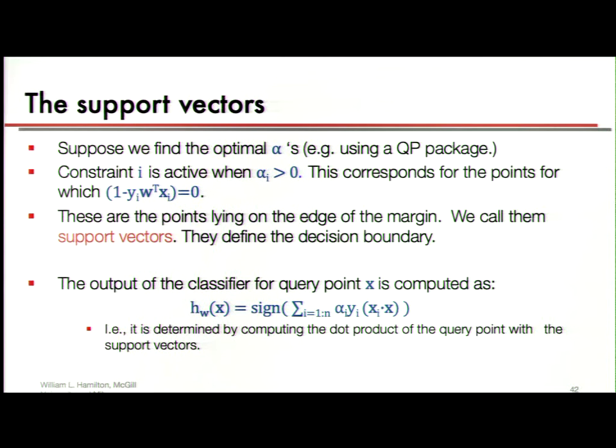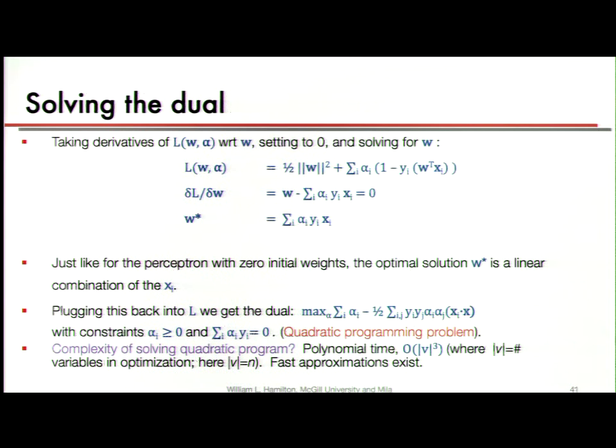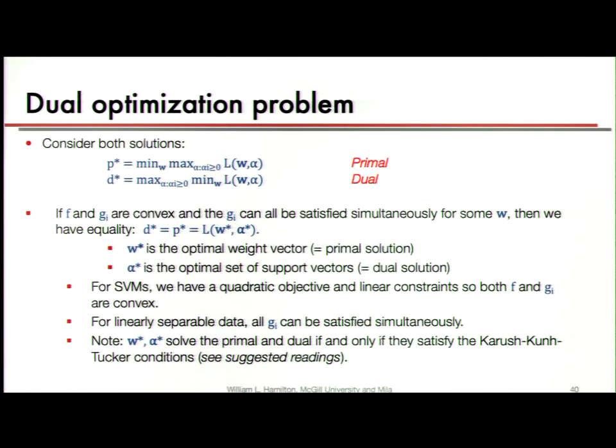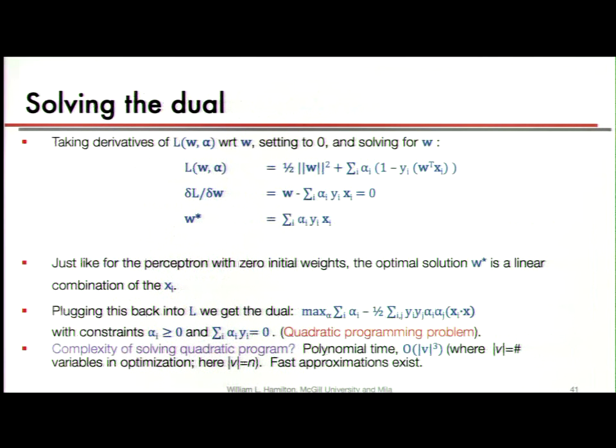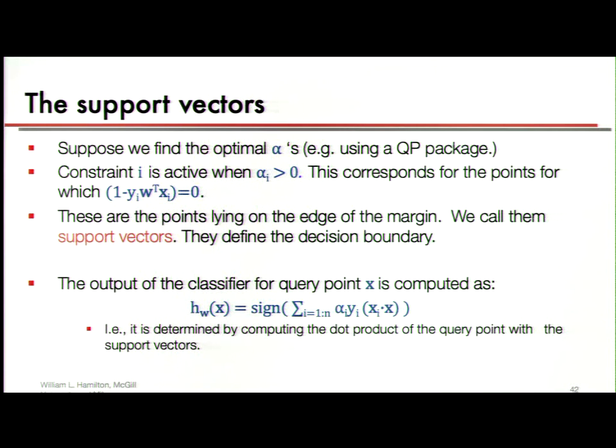So it's a little bit you have to take on faith at this point. Some things you have to take on faith is the fact that this dual optimization works, that we could take our original optimization problem, define this thing called the Lagrangian, that in fact our original optimization problem is equivalent to this min-max primal I've shown here, and that due to convexity this is again equivalent to this max-min dual, and that the solution for this max-min dual is going to correspond to just a number of these alpha i's where most of them are going to be 0.